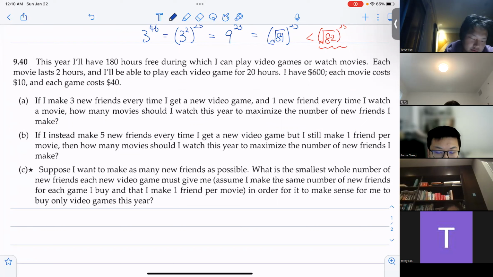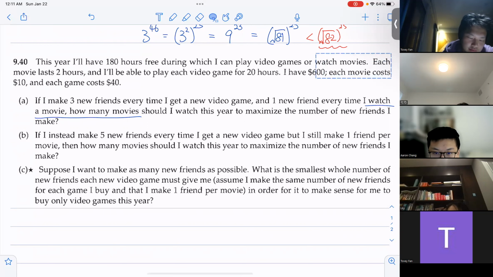If you're not sure, you can read question 1. Suppose movies to be X and games to be Y. Yes, suppose movies and games.